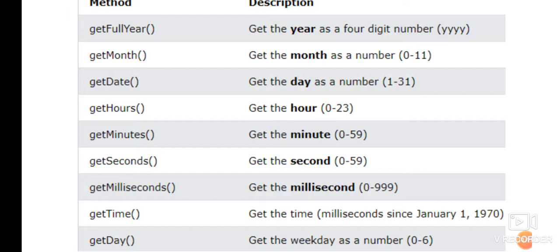Then getDay, it will display the weekday in the form of a number, that is 0 to 6. 0 means Sunday, 1 means Monday.